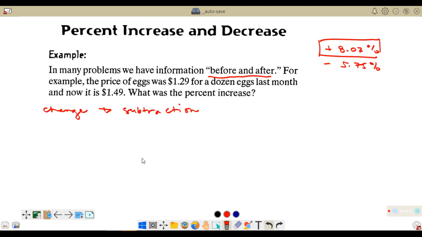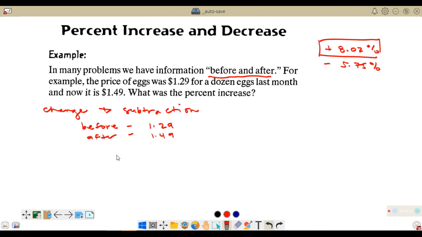One way is to identify your before and after. The before is 1.29 and the after is 1.49.